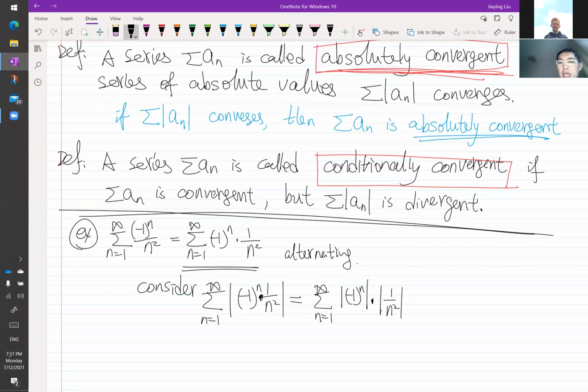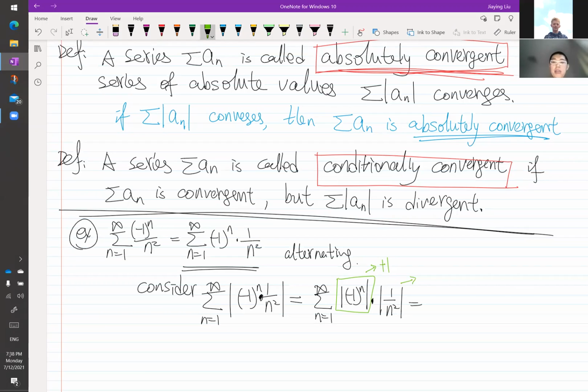to infinity. And the benefit of adding absolute value is that this -1 to the n with absolute value sign is always going to be +1. Doesn't matter if it's positive or negative, when you add the absolute value sign, this is always going to be +1. The second absolute value, well, n is already positive, so when you add a new absolute value sign, it doesn't make a difference.